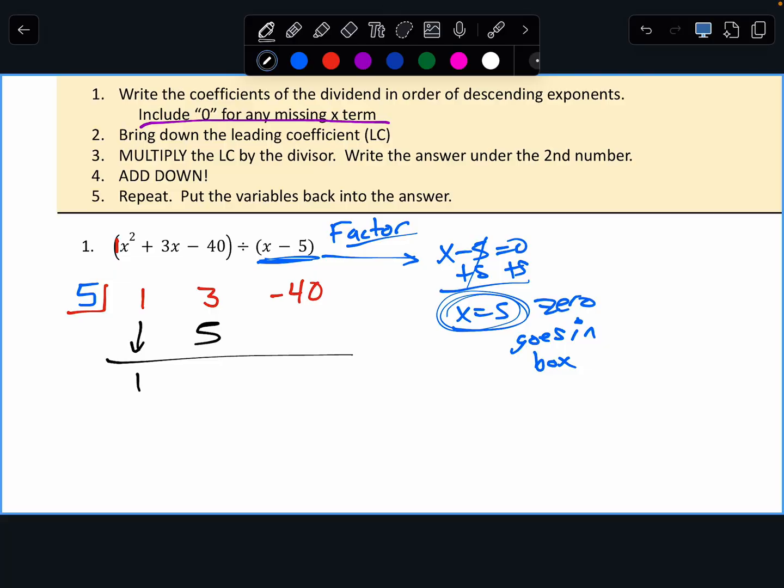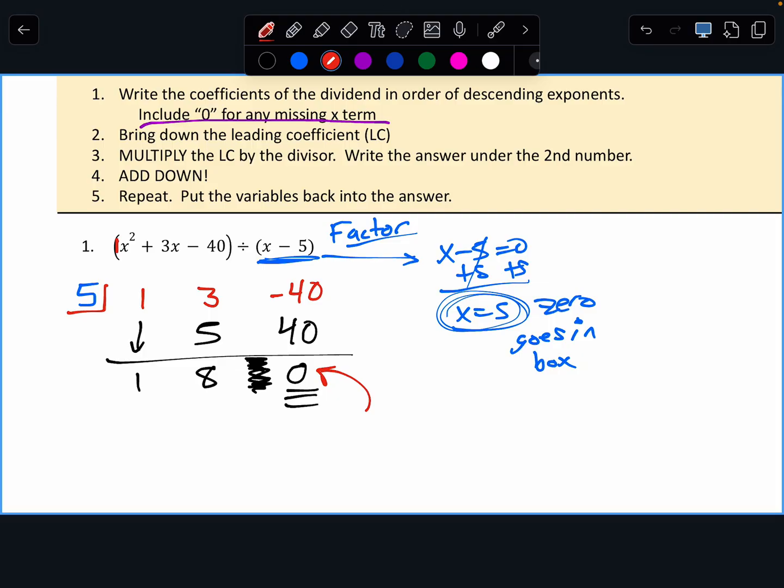We did step 3, multiply by the box number, and then add down, that's 8. Repeat that: 8 times 5 is 40. Then add down, you get 0. This last term is kind of separate. That's your remainder.